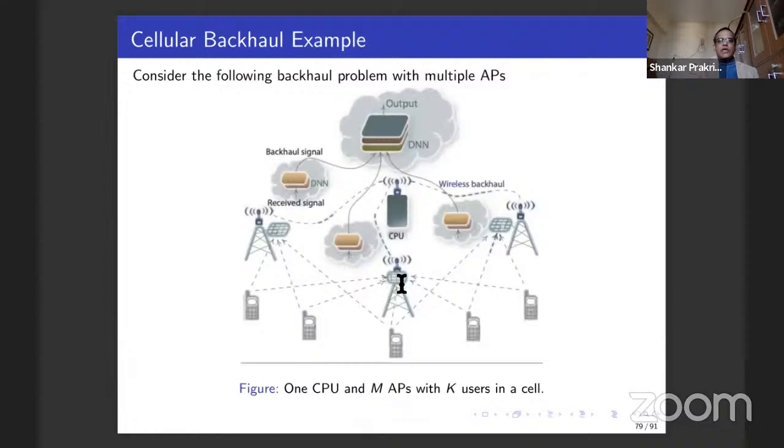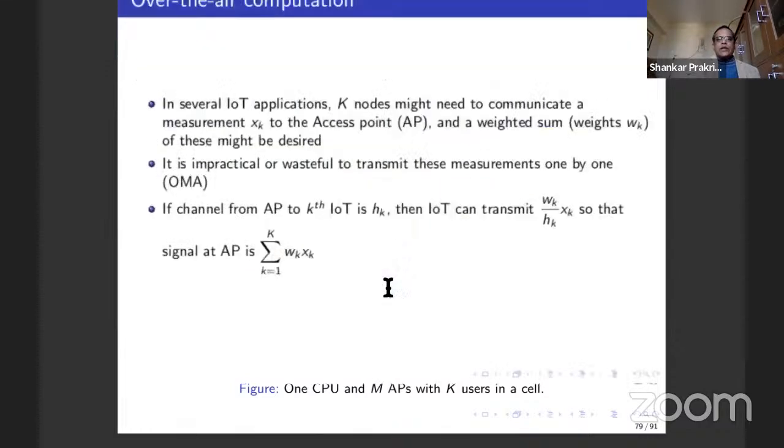See, each access point is calculating based on what it has received. It is mapping it to a certain function AM. All these AMs are being transmitted concurrently with different weights. Does it not amount to one stage of a DNN? You're taking a weighted combination of the signals coming. It is like one stage of the DNN, so that is why it's interesting.